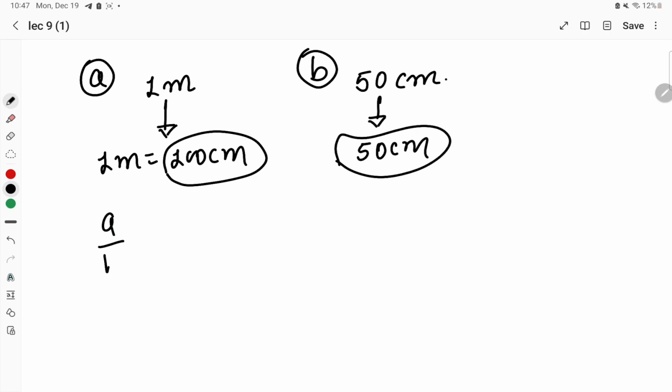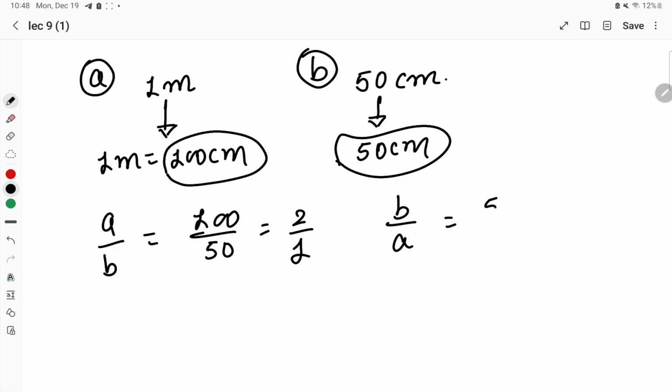Take the ratio of A upon B. The value of A is 100 centimeter, the value of B is 50 centimeter. It will be 2:1. The ratio B by A: B is 50, A is 100 centimeter. It will be 1/2. This is how we calculate.